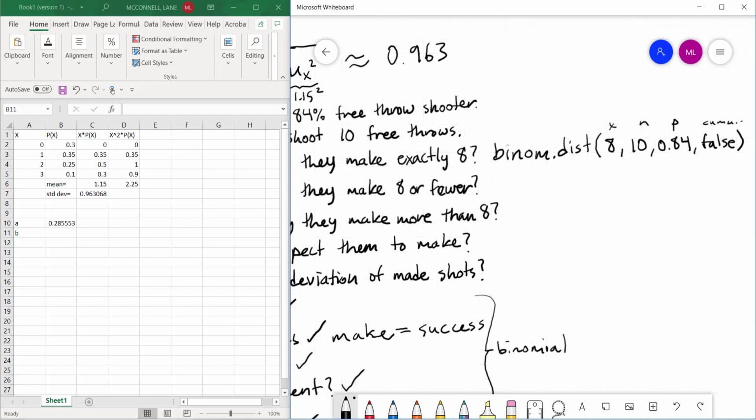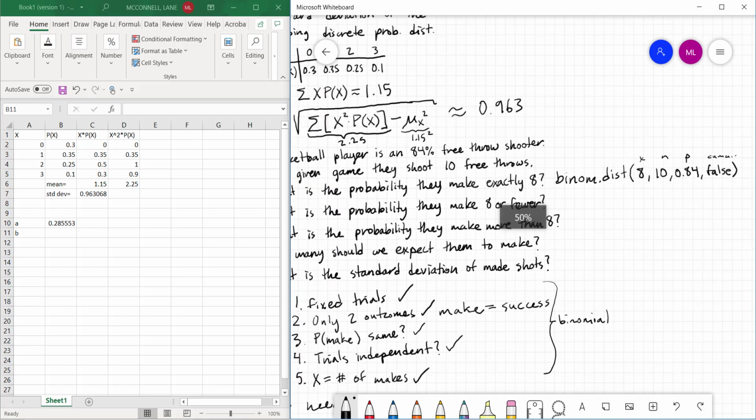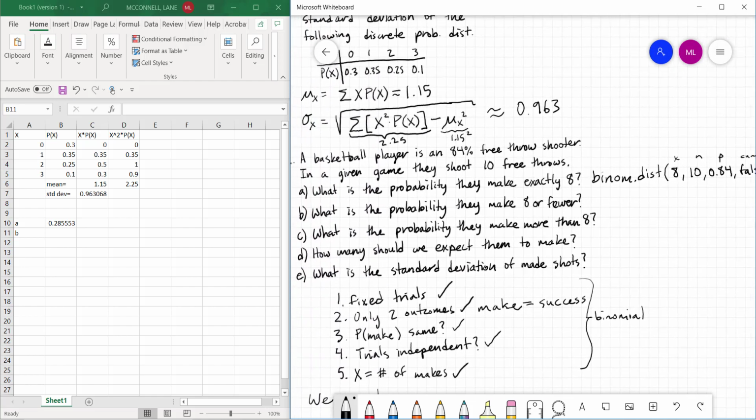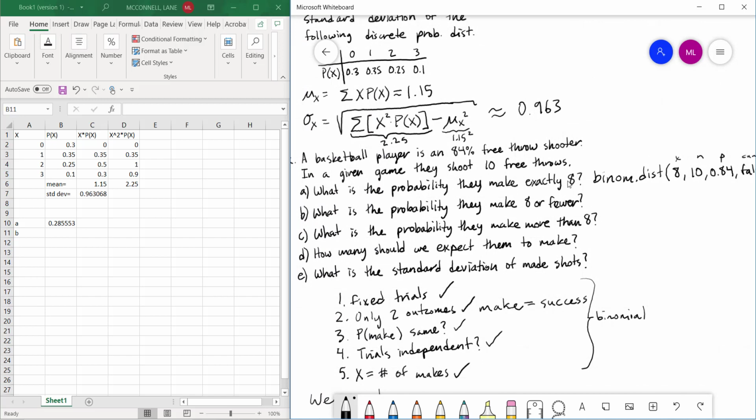We don't want it cumulative because the idea of cumulative means instead of asking what's the probability that they make exactly 8 of their shots, we would be asking what's the probability that they make 8 or 7 or 6 or 5 or 4 or 3 or 2 or 1 or 0. All the numbers up to and including 8.